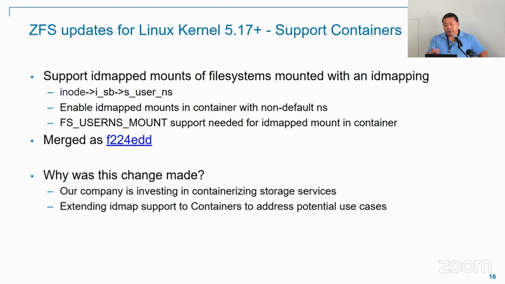To use this feature, there's one for the namespace delegation, I think. You need this to use the ID map in a container. You want to map in a container. You dedicate the data set to the container, right?